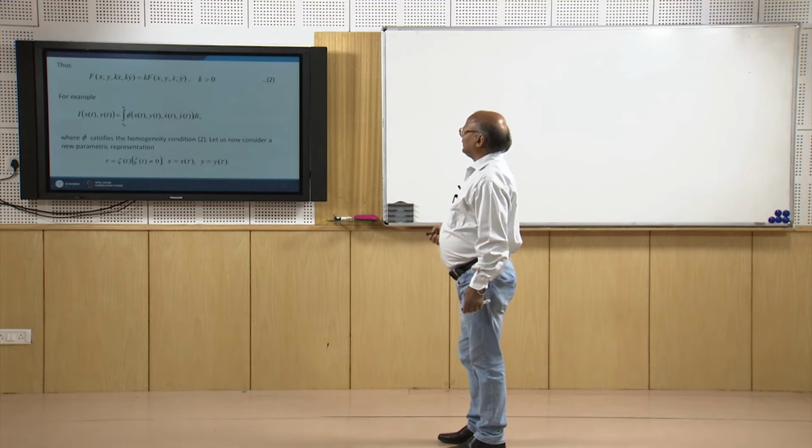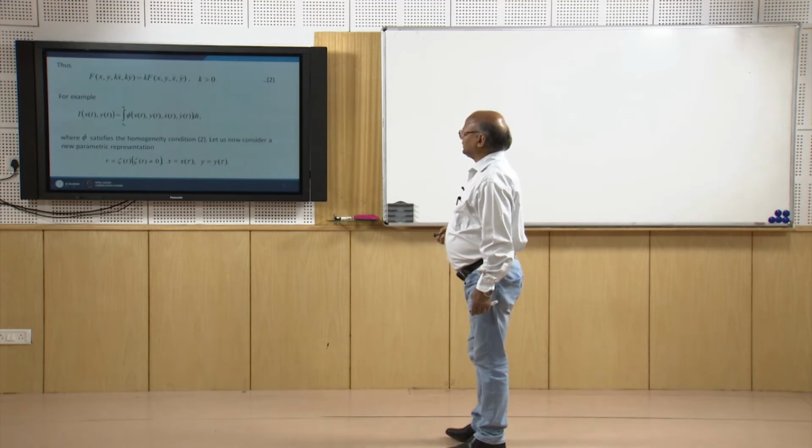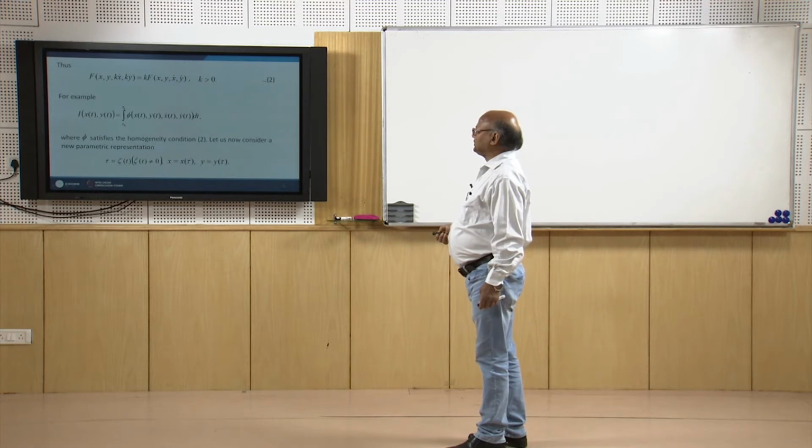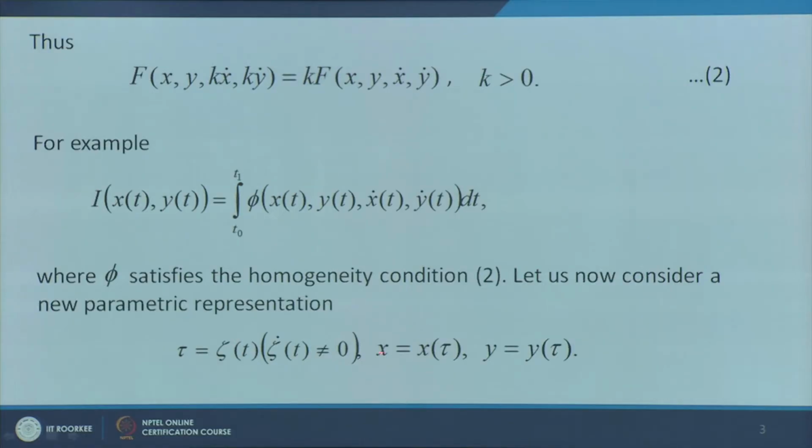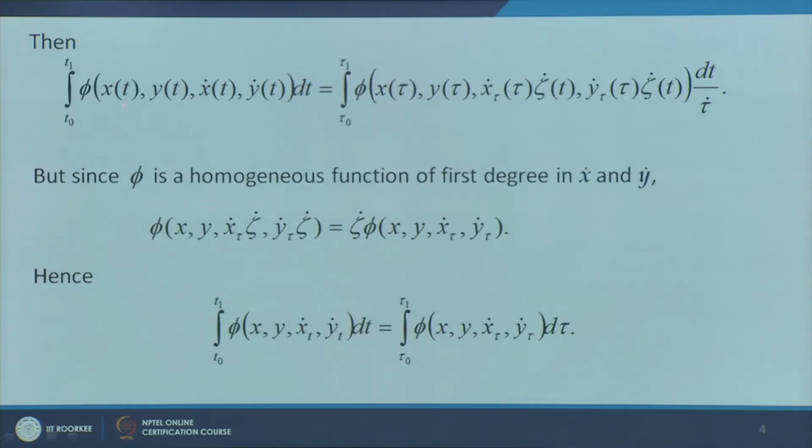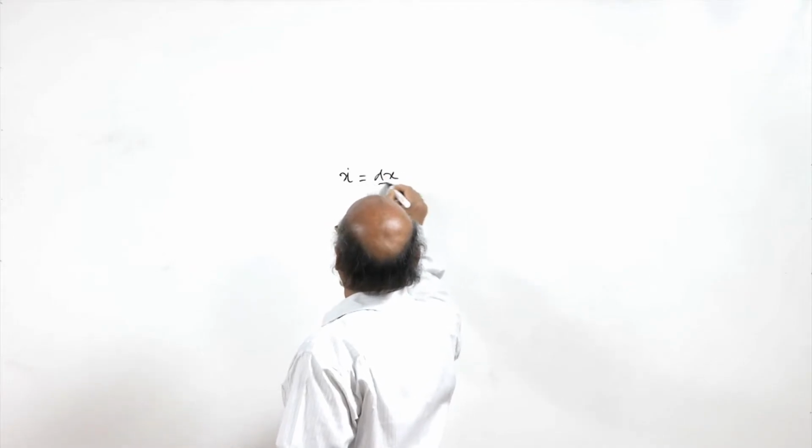So, let us consider a new parametric representation, say tau is equal to zeta of t, where zeta dot of t is not equal to 0, and x is a function of tau, y is a function of tau. So, tau is another parameter, and then what we will see is that the integral from t naught to t1 of phi(x(t), y(t), x dot(t), y dot(t)) dt can be written as the integral from tau naught to tau 1 of phi(x(tau), y(tau), ...). Now x dot is dx by dt.